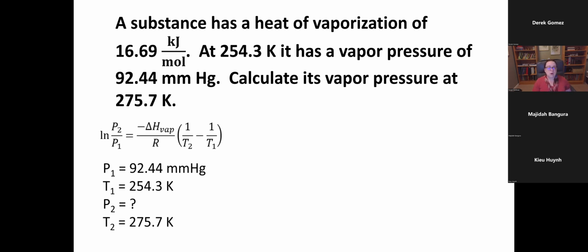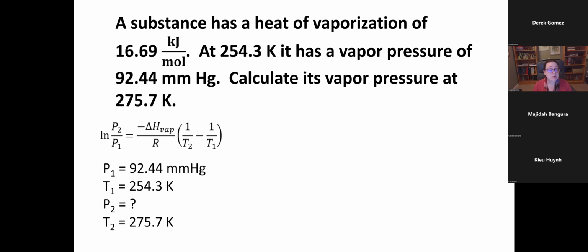What we know is a set of data: 254.3 Kelvin goes with the vapor pressure of 92.44 millimeters of mercury. You can call that condition 1 or condition 2, it doesn't matter, as long as those two stay together, we're going to be in good shape.